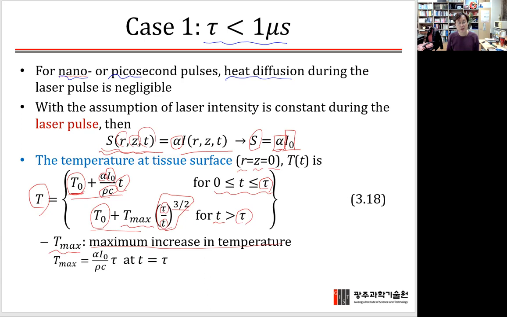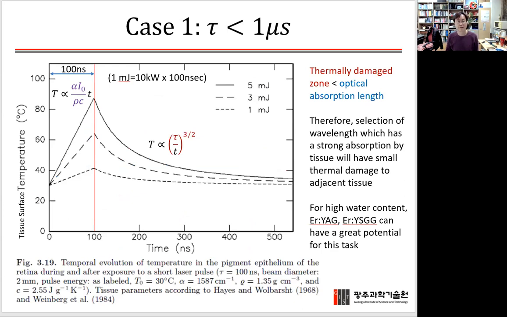This is basically when t is τ, at the end of the pulse duration, then Tmax will be basically this. So let's take a look at the graph.